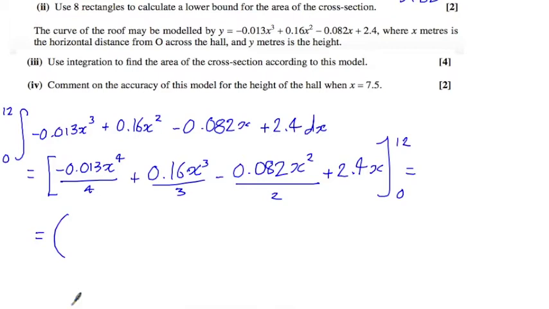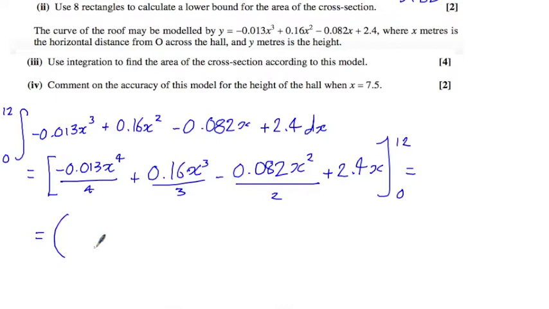Right, so let's see if I can get this right on my calculator. So minus 0.013 times 12 to the power 4 over 4 plus 0.16 times 12 cubed over 3 minus 0.082 times 12 squared over 2 plus 2.4 times 12.